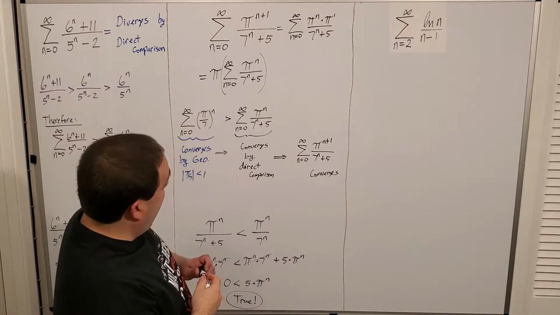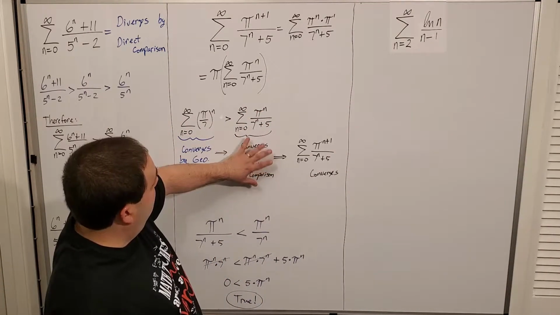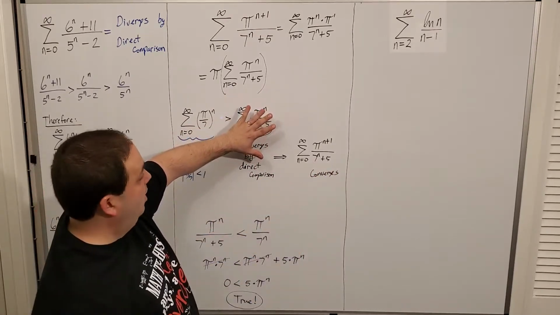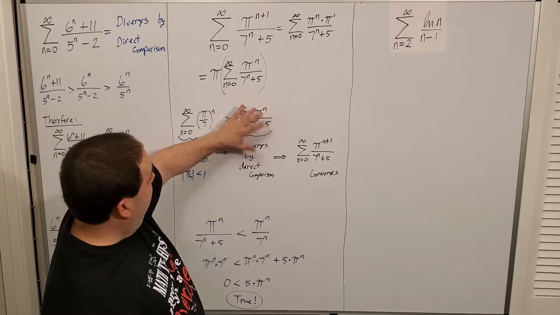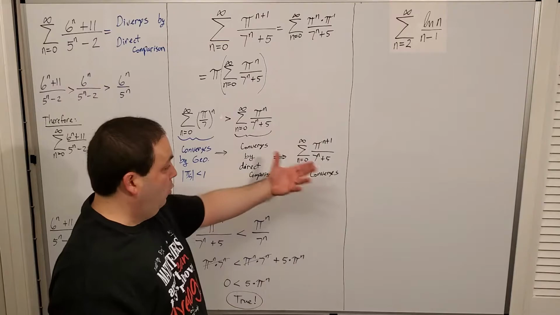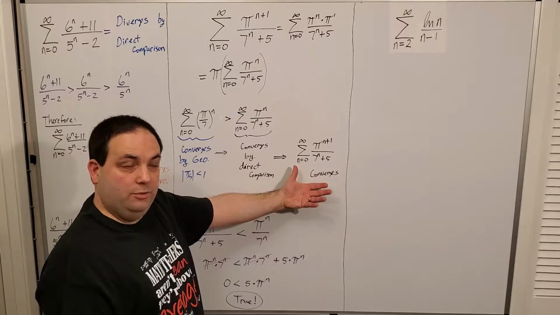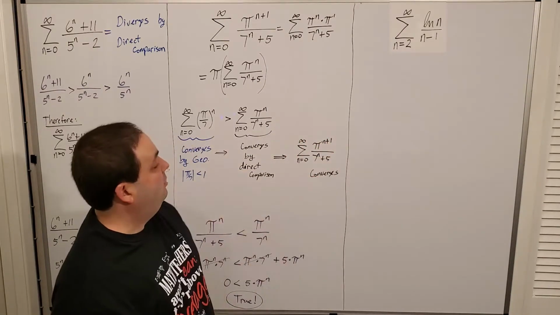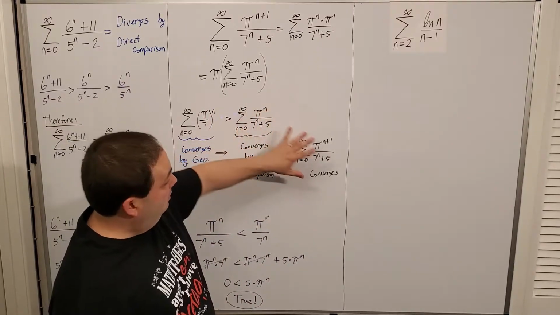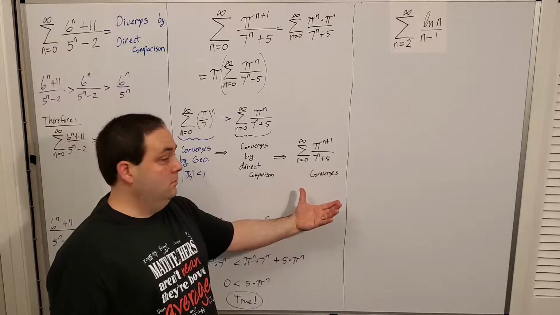It converges because this series converges. In other words, this is some number after the infinite sum is done, then times pi. So it's a number times a number, which is still some finite value. Therefore, this converges to whatever pi times that one is. Bottom line, it converges.